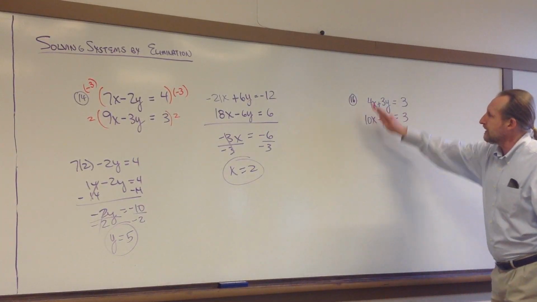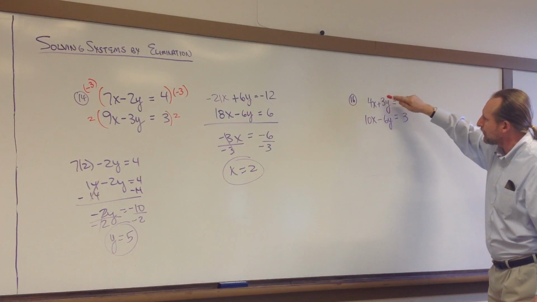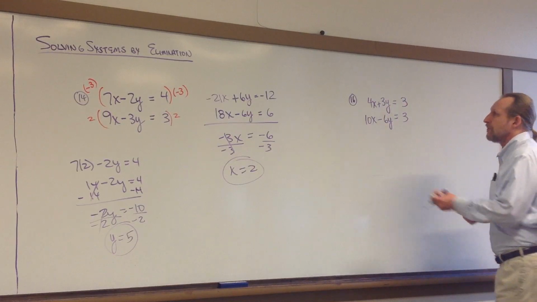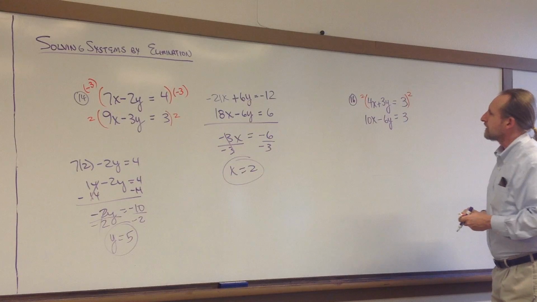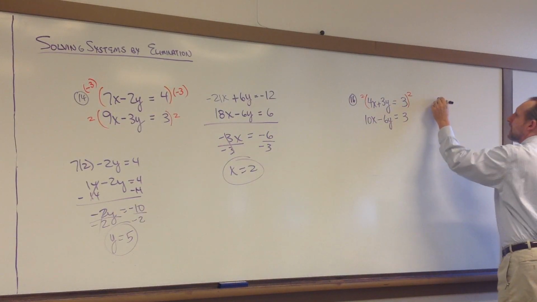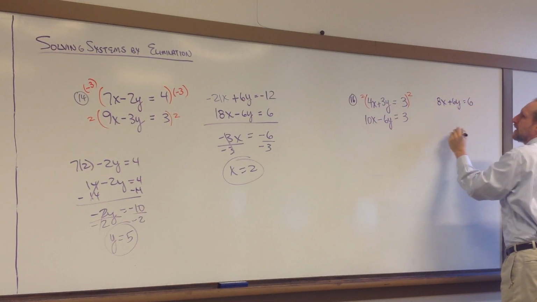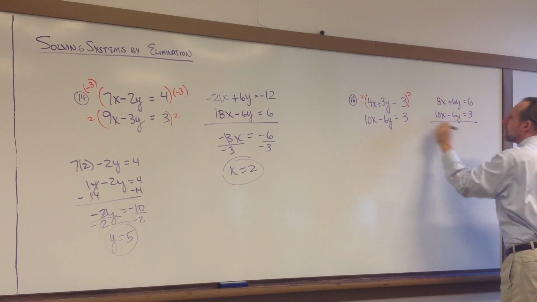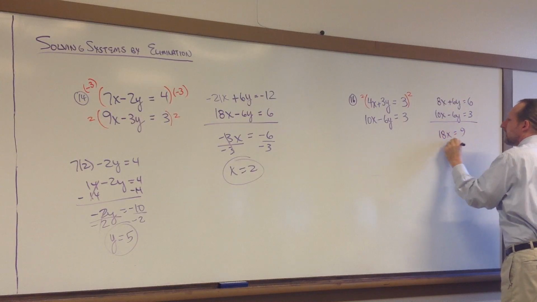Well, notice here, these have the same sign. These have opposite signs, and also 3 and 6. If I multiply the top one by 2, that'll set us up, okay? Because then we'll have opposite signs, and that will be a 6. So we'll get 8x plus 6y equals 6. 10x minus 6y equals 3. Add them together, 18x is 9.